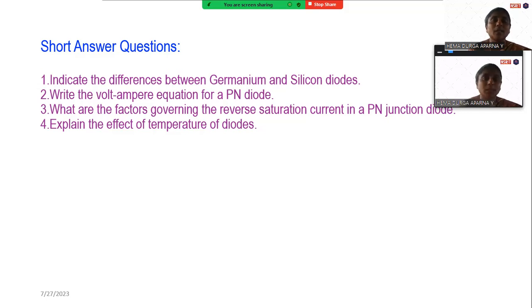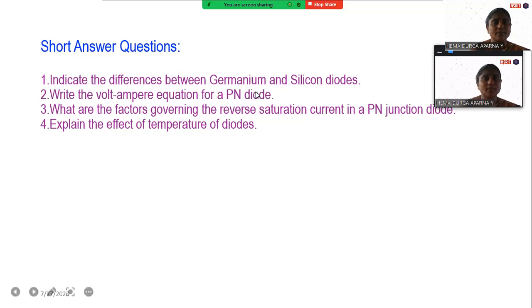For germanium, the operating point is 0.3 volts, whereas for silicon diodes, the operating point is 0.7 volts. And like this, you can answer these simple short answer questions.